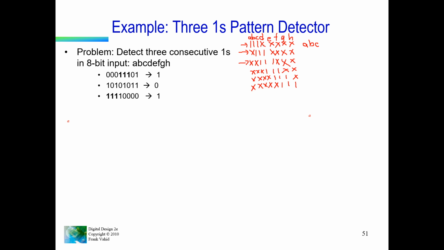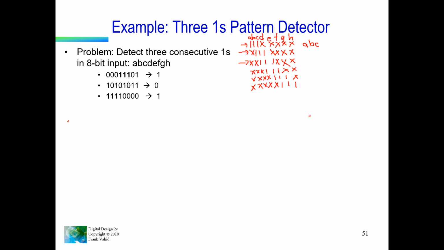And I don't care about the other bits, so I don't put D, E, F, G, H as variables inside this Boolean expression. I don't know whether they are 0 or 1, and I don't care about them. So this can be represented by A, B, C.